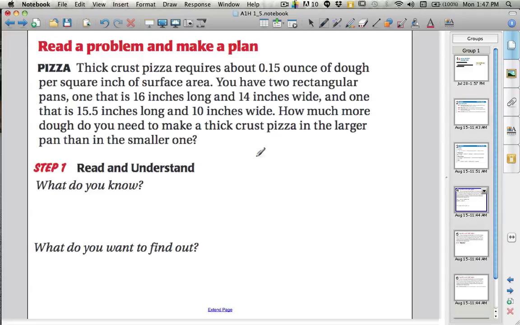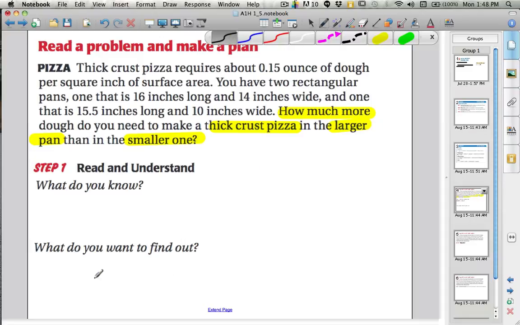So how much more? When my question says how much more, I'm going to be comparing 2 values, right? And what values? How much dough for the larger pan and how much for the smaller pan. That's what I have to find out. So I've skipped down here and read to understand what I want to find out.